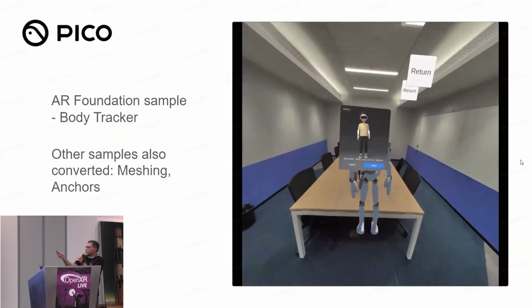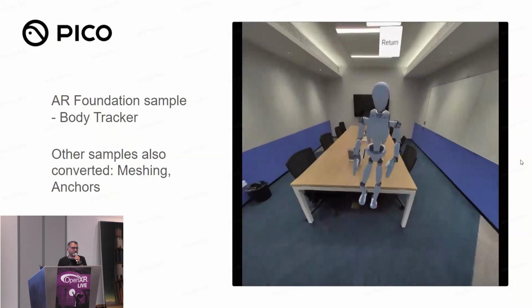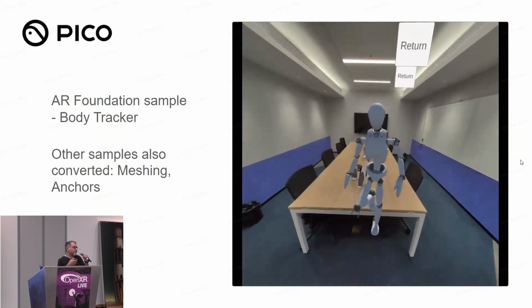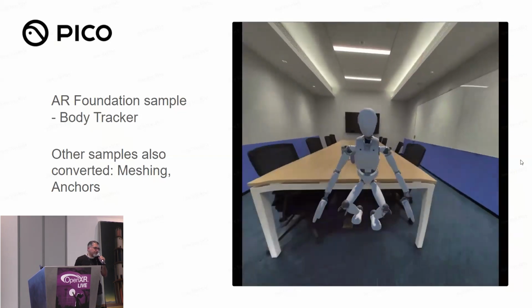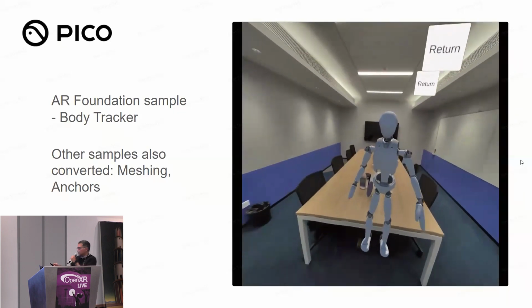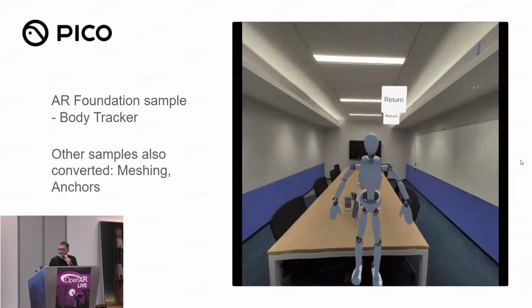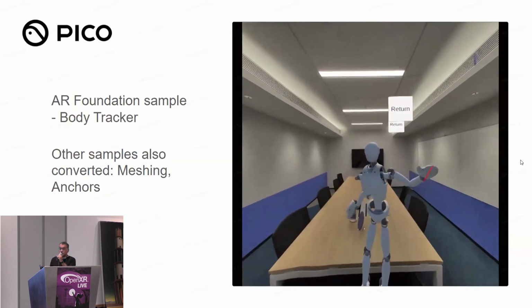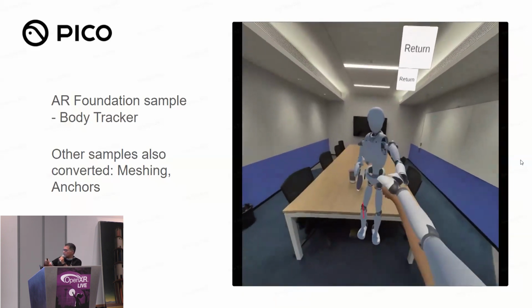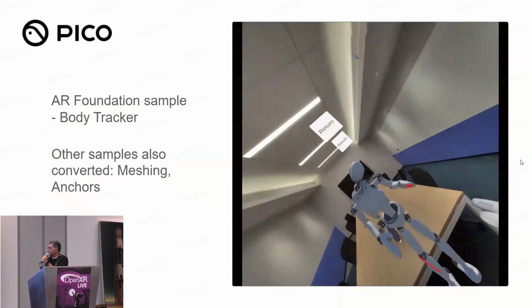And we reuse the AR Foundation sample that uses ARKit's body tracking. All we had to change was a bone controller, and we were able to access all this functionality with no code changes, just changing a component on this example.